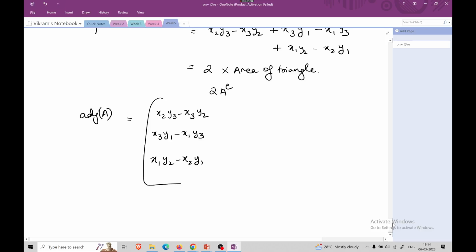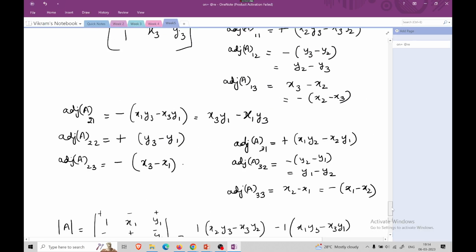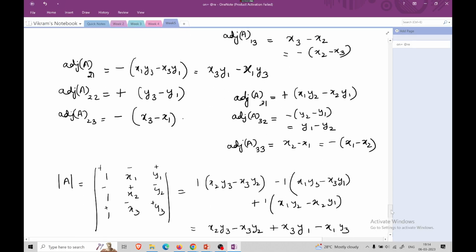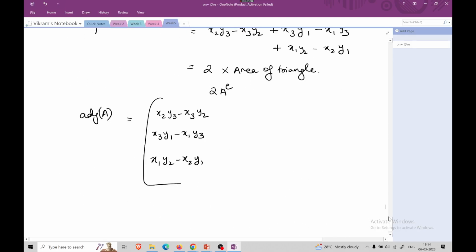So 1 2 was y2 minus y3, y3 minus y1, y1 minus y2. So this will be minus of x2 minus x3. Am I correct?